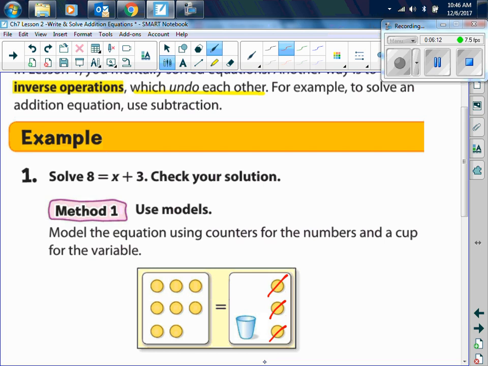So if I subtract 3 on one side, I have to subtract 3 on the other side. Very good. So I took 3 away. So now it's still equal. We're left with how many? 5. So 5 counters equals whatever is in that cup. So how many counters are in the cup? 5. Is everybody clear with that? All right, very good.